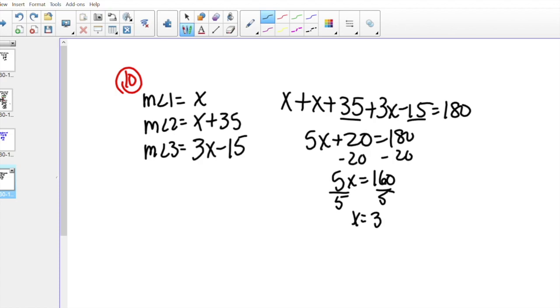Help me out. 32 sound proper? Yes, sir. So the first one is 32, the second one is 67, and the last one is 3 times 32. Well, that's 96, isn't it? Yes, sir. Well, then what's 96 take away 15? 81. And that's how you do number 10.